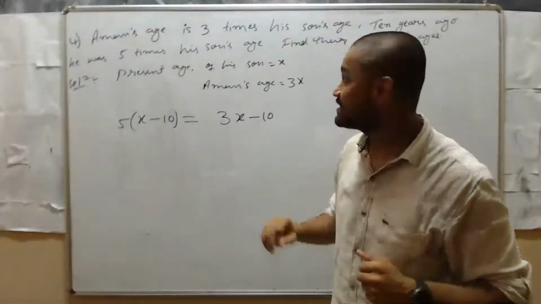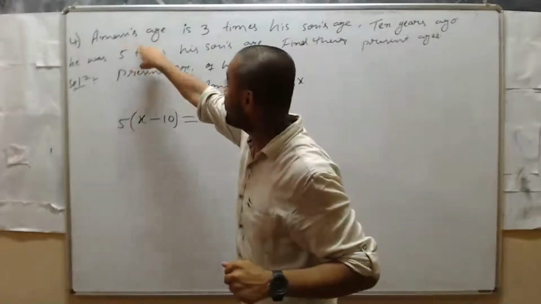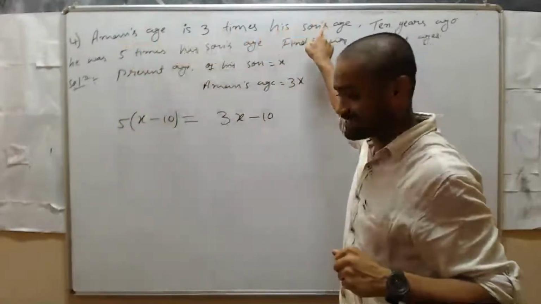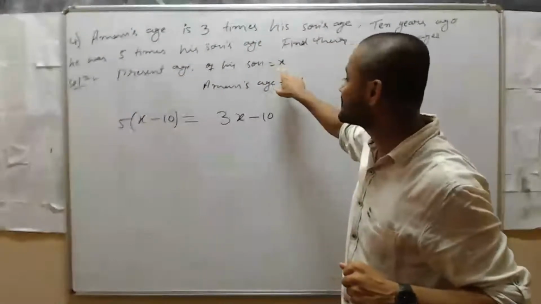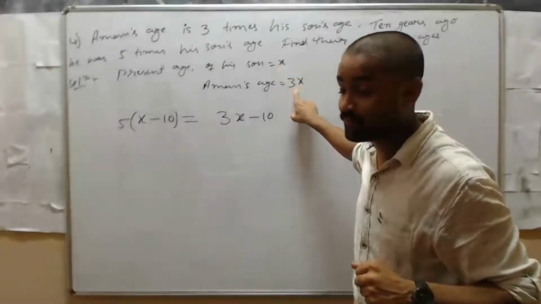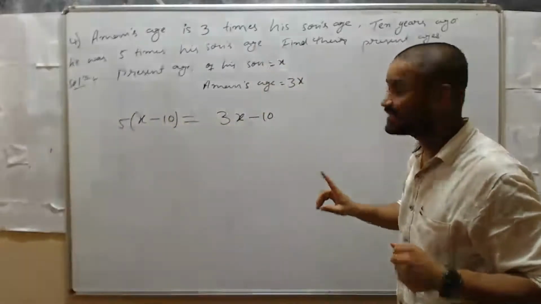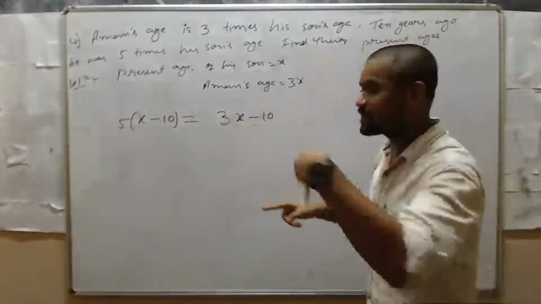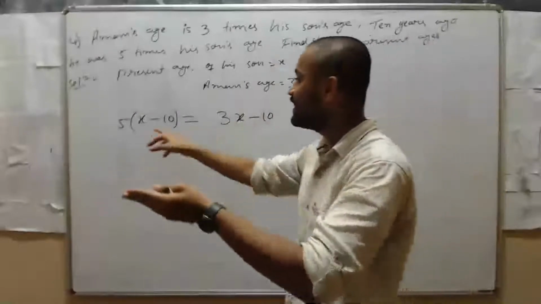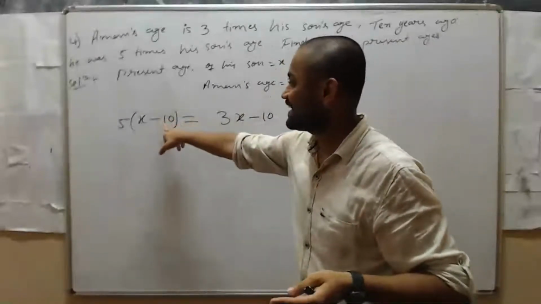One more time I will read it. Aman's age is 3 times of his son's age. His present age will be x, and the father's age will become 3x. Then 10 years ago, it will be minus 10.